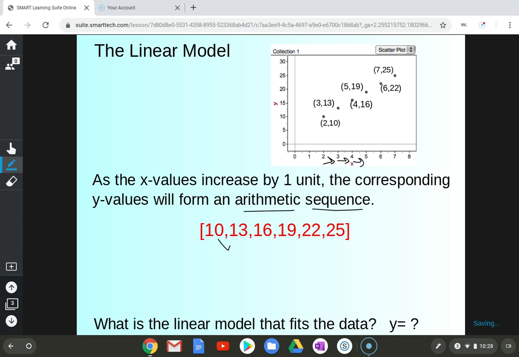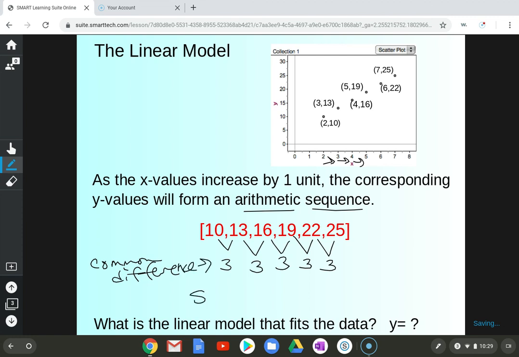In other words, if we were to subtract each of these terms, you get the same value every time, right? So that value is the common difference. It's also called the slope.